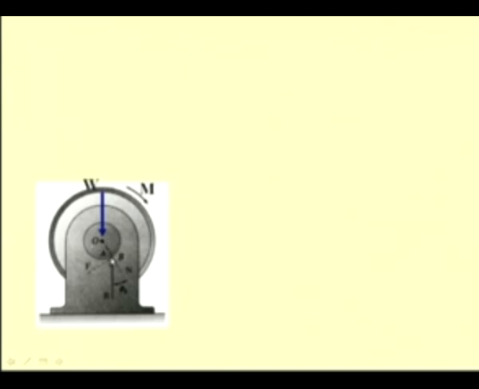So, the moment or the couple of these two equal forces, that is W and R, has to be balanced by the applied moment, else this couple, which is anti-clockwise, will retard the motion.